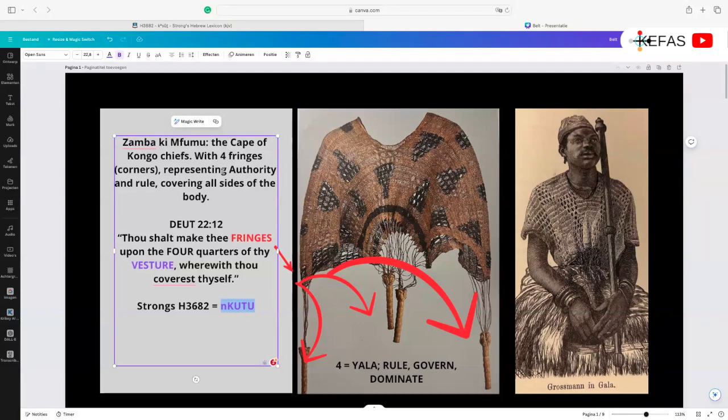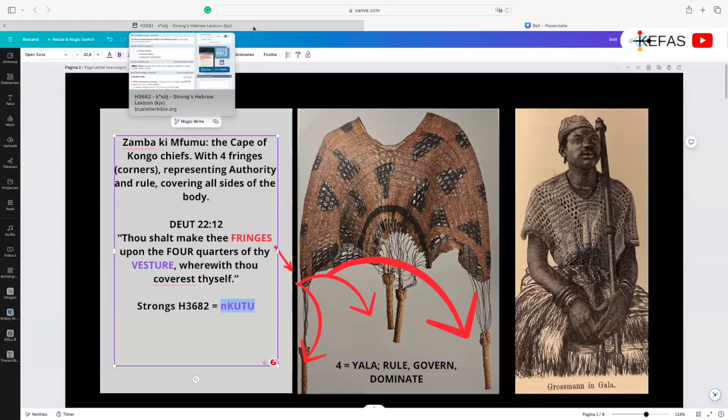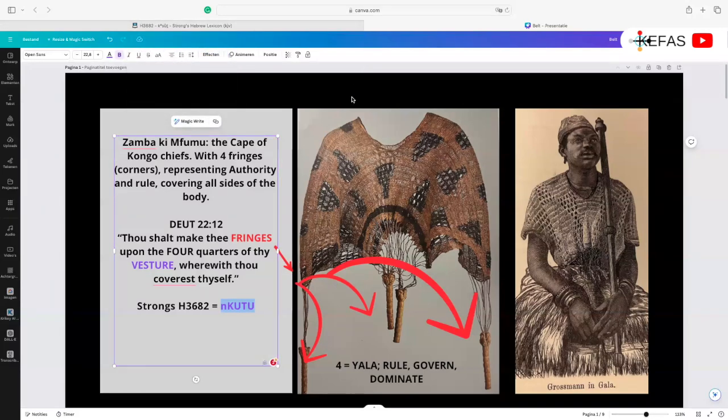You have it there. Now, someone said that the fringes cannot be in a corner. It must be all around, all around your garment. It must go 360 around your garment.